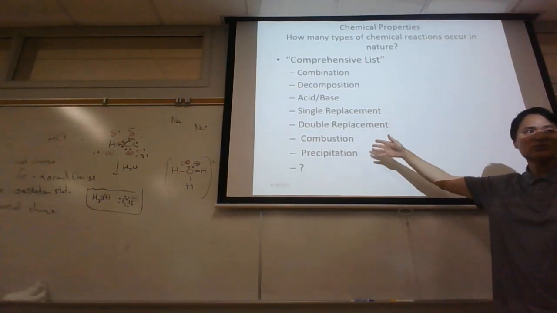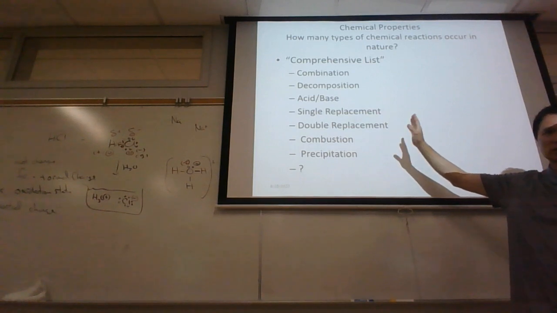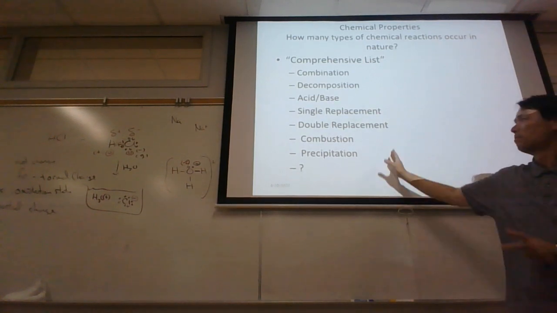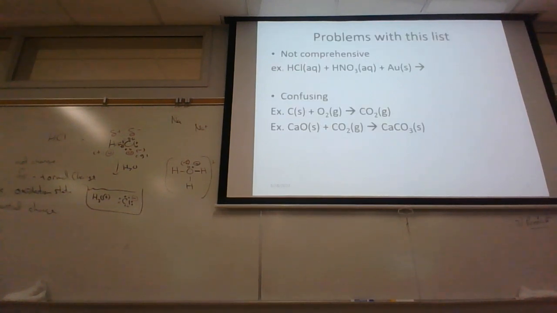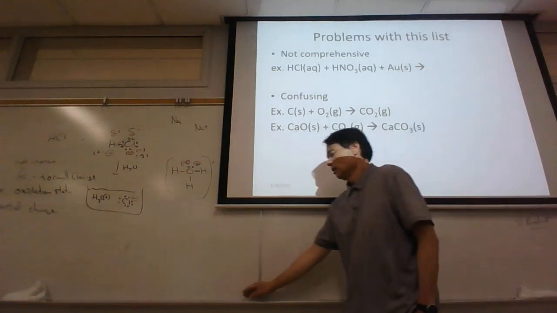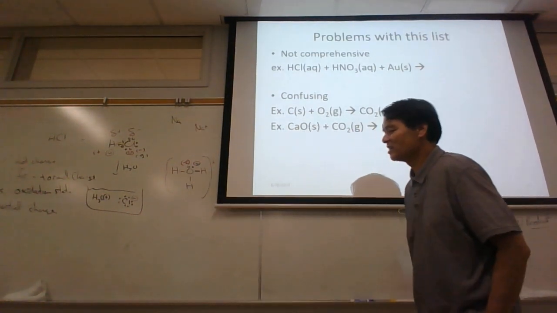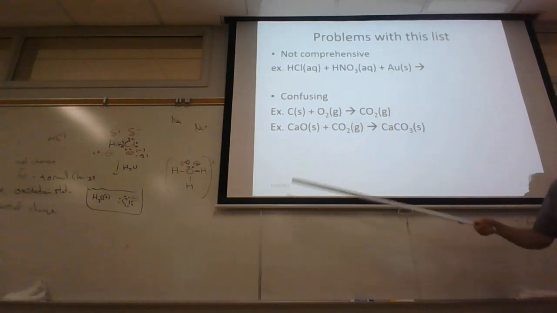Okay, what we're going to do is we're going to just not even deal with this scheme here. I have problems with that list in particular. If you're trying to recognize a pattern, what pattern is this?